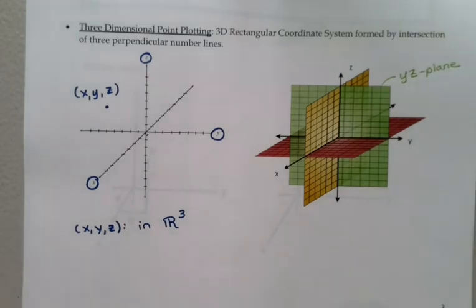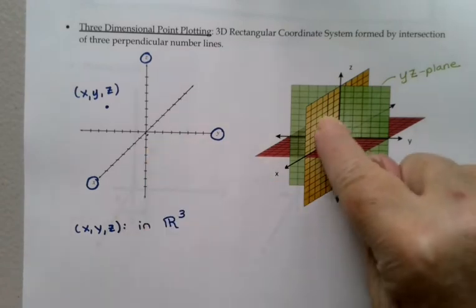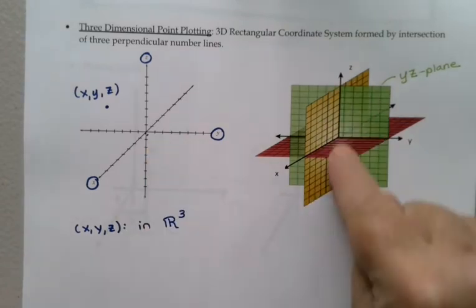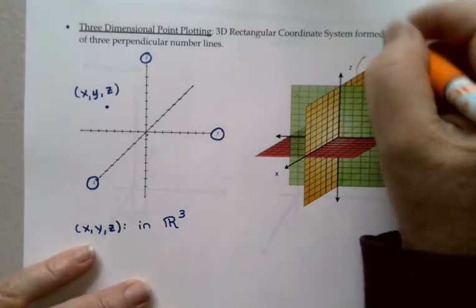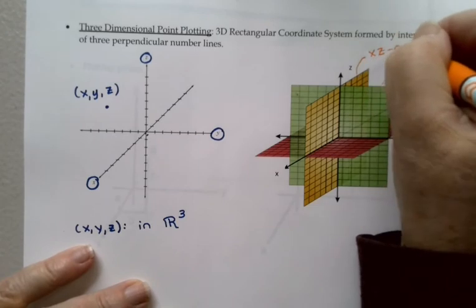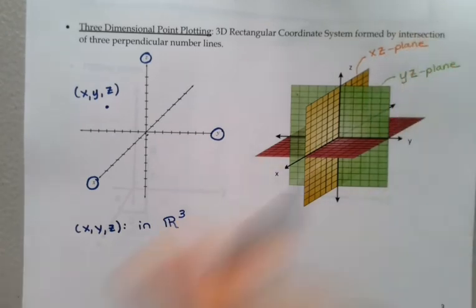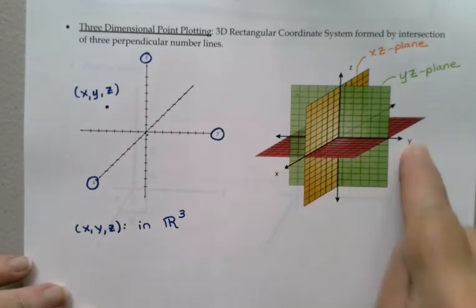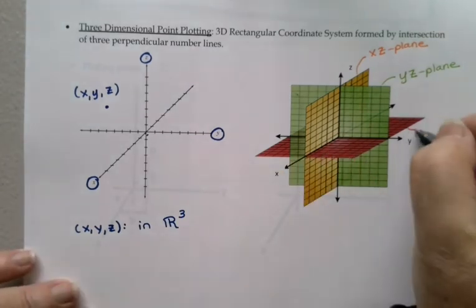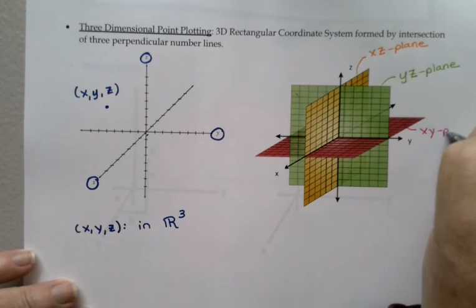Similarly, this yellow plane that contains the X and Z axes, we would call that one the XZ plane. And finally, the one that's actually horizontal here contains the X and Y axes. So there's my XY plane.